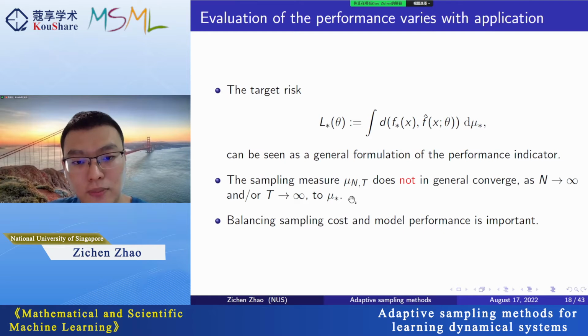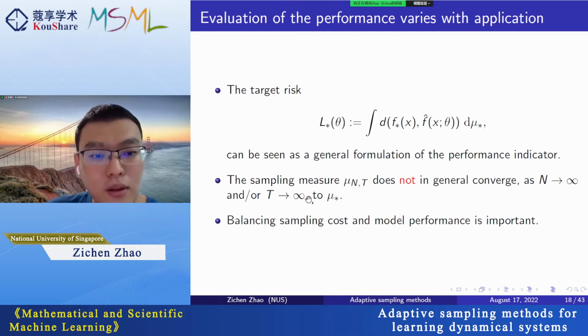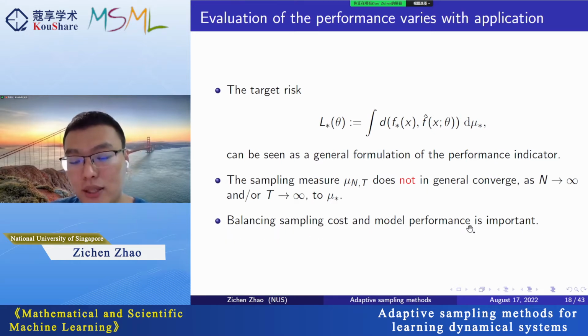This is quite different from classical supervised learning. So balancing sampling cost and model performance is quite important. Actually, we want to control the sampling measure mu_n^T close to the target measure mu star. In the next section, I will show that the model performance can be bounded by the distance between mu_n^T and mu star.